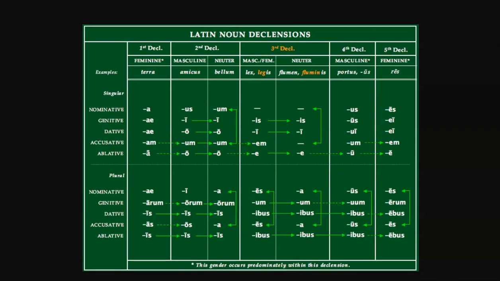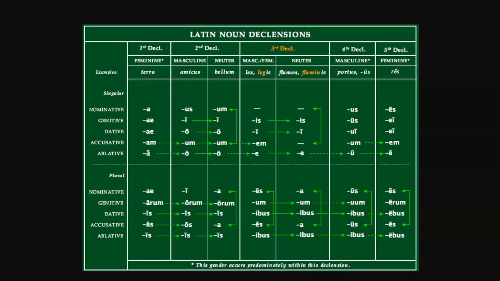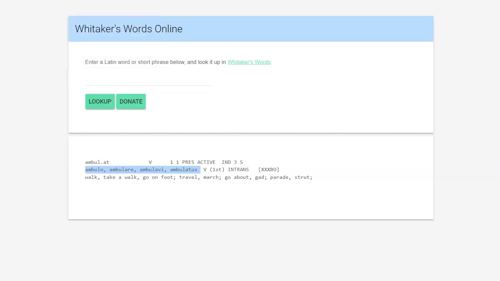So if I go back to the example here, again, we said we'd probably put this at the end, but that's fine. Now, with his dog, Latin is probably going to use cum, but when we use cum, it's always followed by the ablative. How do you know that? Well, you just know, but if not, your dictionary should tell you.